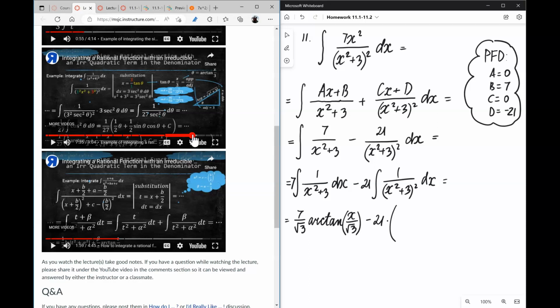I guess we can hit the pause button here, right over here. And we can take this problem to the bottom of the page.